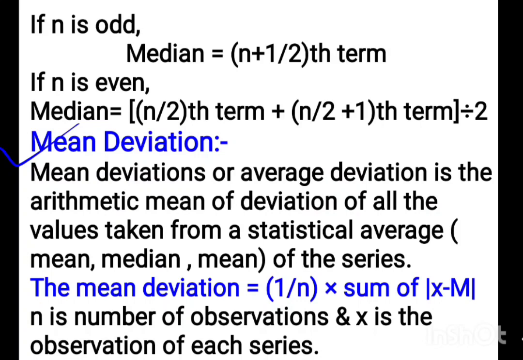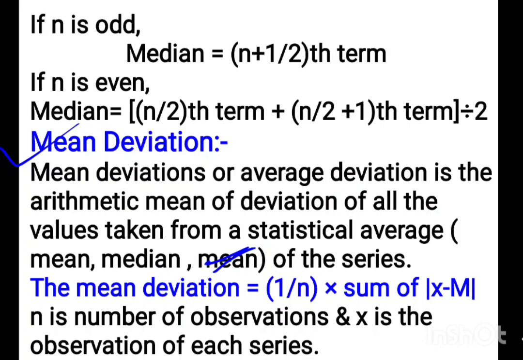Mean deviation or average deviation is also called the arithmetic mean of deviation, and it is the arithmetic mean of deviations from a statistical average, that is mean or median of the series.